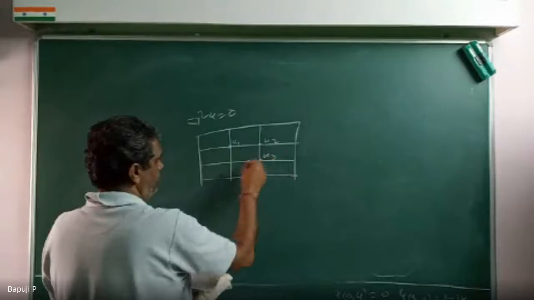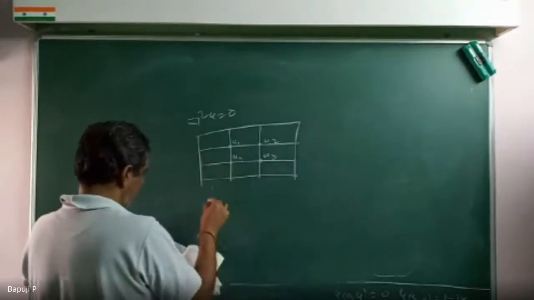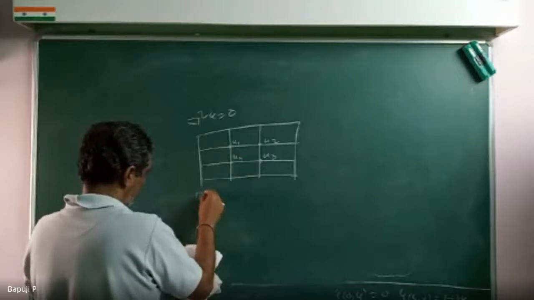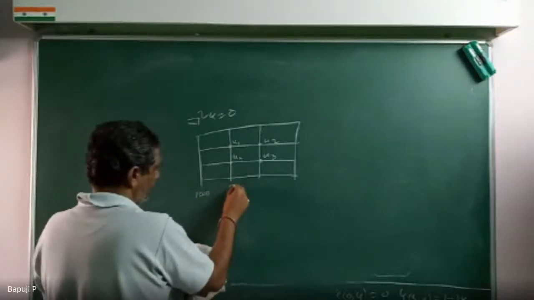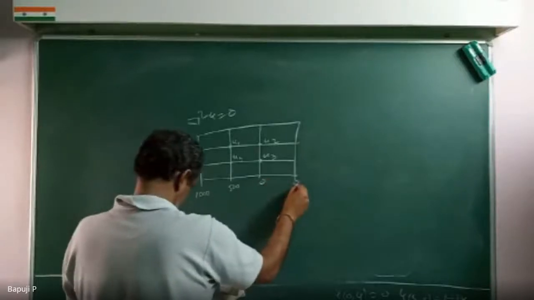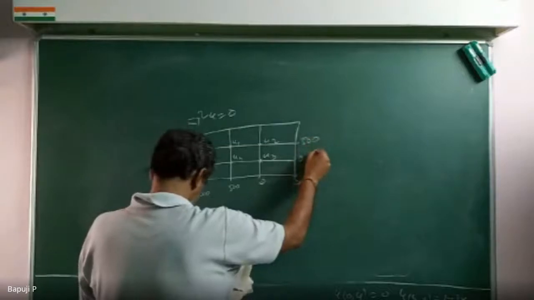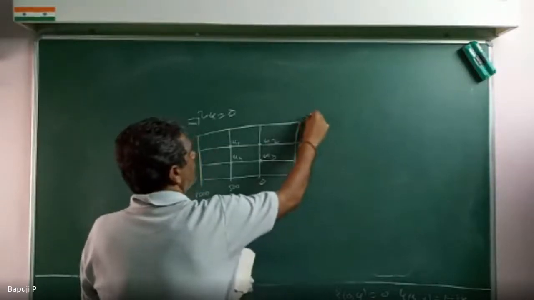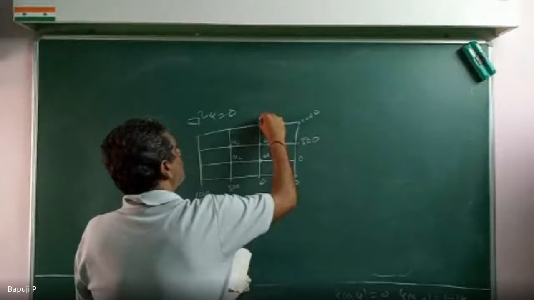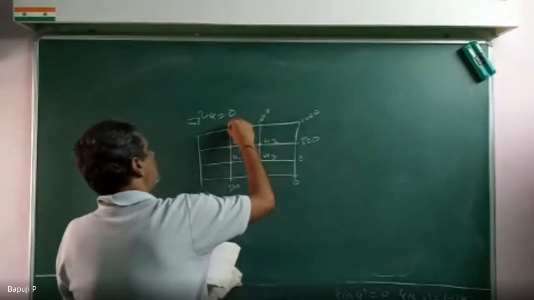Don't worry. U3, U4. The boundary values are also given: 1000, 500, 0, 0, 0, 500, 1000, 1000, 1000.